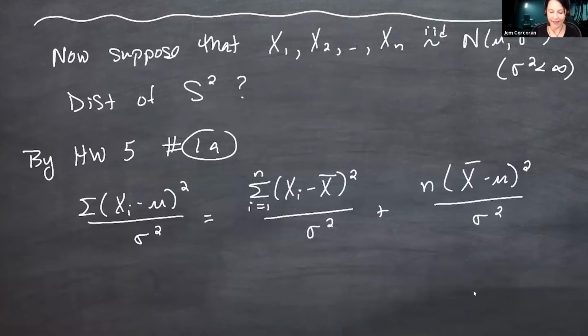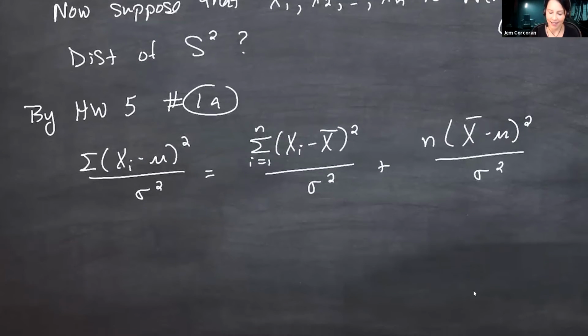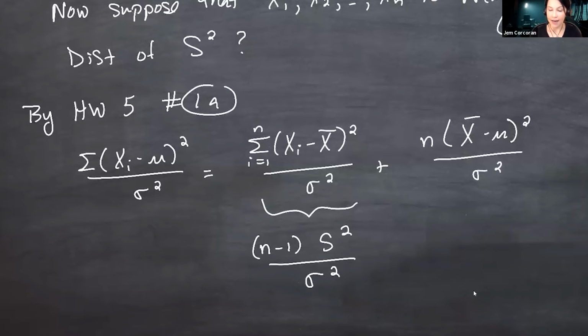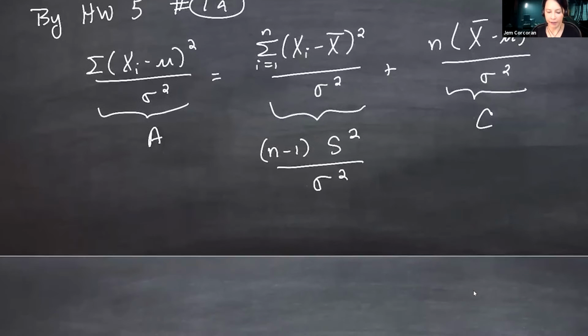So check this out. This guy in the middle, if it was divided by n minus 1, it would be s squared. In fact, this is n minus 1 times s squared over sigma squared. And I'm telling you that you already know the distributions of the other two terms. So let me call this A and C, and the middle one B, but I already wrote under it.